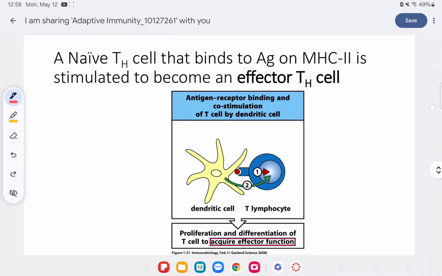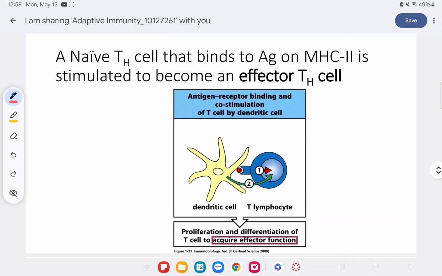Once a T cell, which is termed naive before it gets triggered, is triggered by that dendritic cell showing it, okay, I just saw something, it becomes an effector T cell. And this is what I think would be a multiple choice here. Lots of things can happen. First off, it can activate, and of course it speaks only with cytokines.